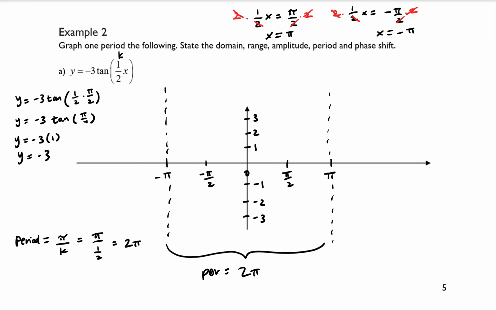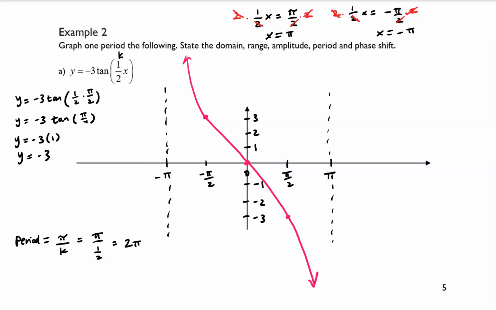So I'm going to go ahead and plot that here. If I plug in 0, I know tangent of 0 is 0, and then multiplying that by -3 will still make that 0. And if you end up plugging in negative pi over 2, it's going to look like that. And now I know what the general shape looks like, and it's going to look like that.